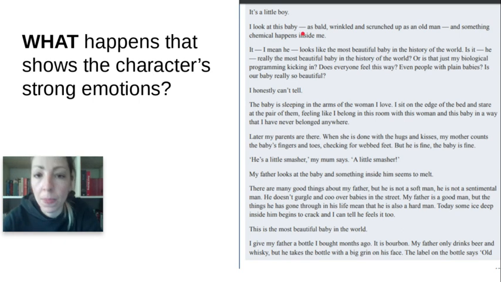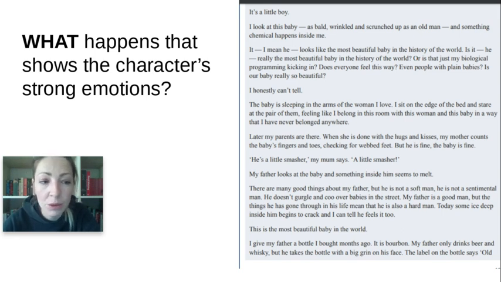Okay, so we've got the repetition here, haven't we? Here, it's a little boy. We've got the exclamations at the start. We've got this bit here: something chemical happens inside him. There's a big change going on with the character, isn't there? Look at this bit: the most beautiful baby in the history of the world. Well, that's an exaggeration or hyperbole.